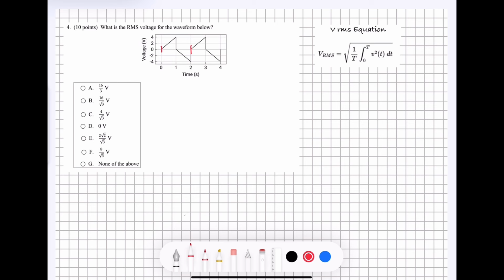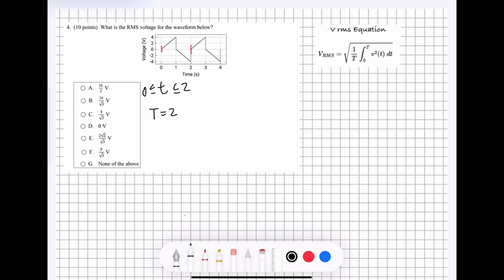After t equals 2, the function is going to repeat itself. So we are looking for 0 < t < 2. That's the interval over which we're going to be observing this function. This means that our period is going to be equal to 2, because 2 minus 0 is 2.